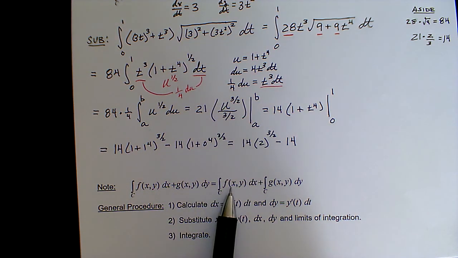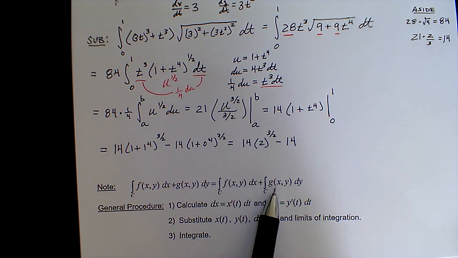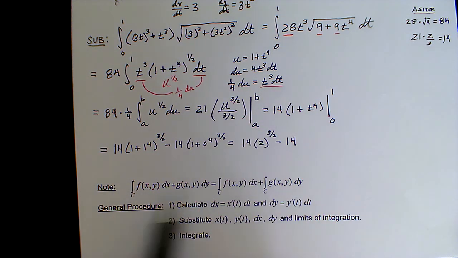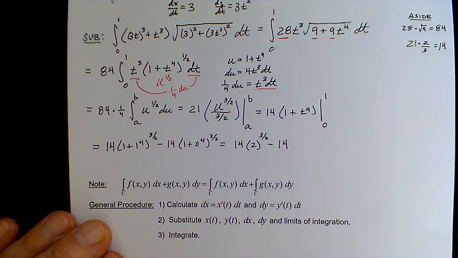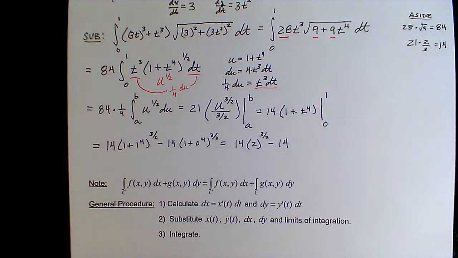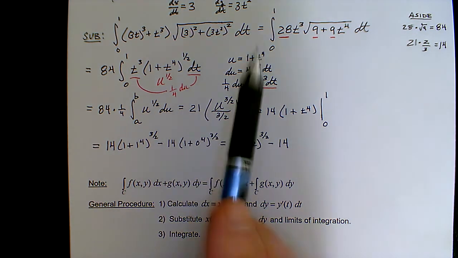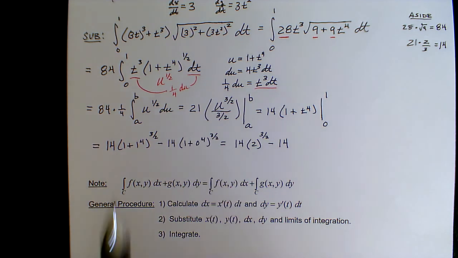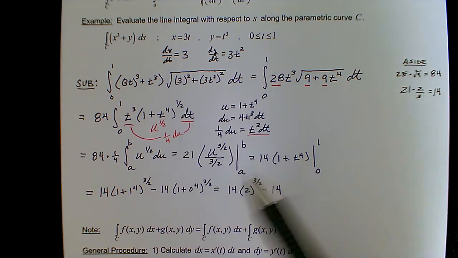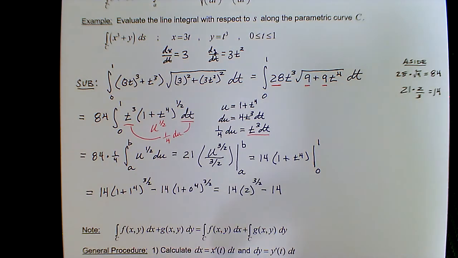So it's just a notation that's used to indicate that it's really the integral of both pieces. So as you can see here, it's the integral of f of xy with respect to x, and then plus the integral of g of xy with respect to y. So that's just a notation that you got to get used to, meaning that you can integrate both pieces. But just as we did in the previous example, we're going to have to calculate, and this is just a general procedure. We might have to do different things depending on the nature of how the functions are given.